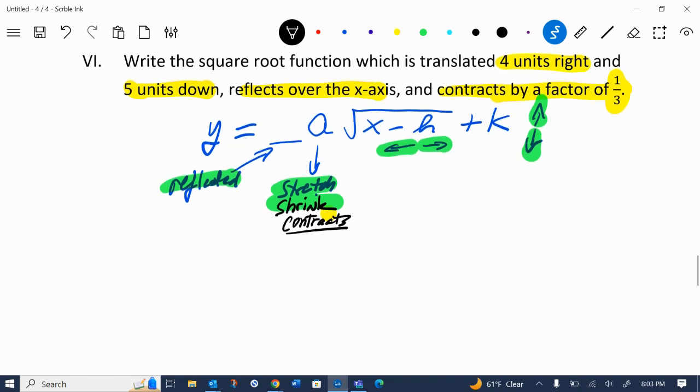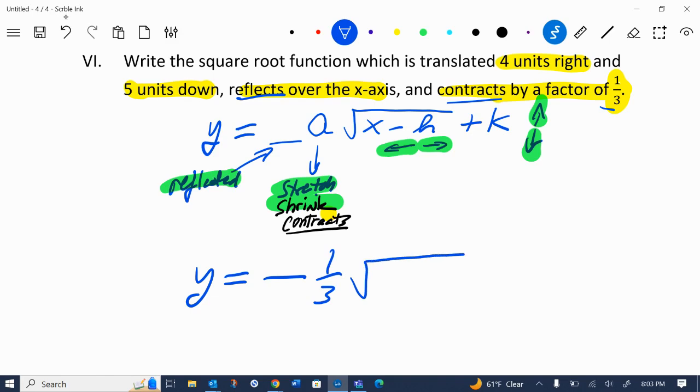Now, what we're going to do is put all those into this. So we're going to say y is equal to, it does have a reflection, so we'll put the minus. It does have a shrink or contracting, or making it smaller, which is 1/5, and then the square root, and then it's x. So we have to think: it's going 4 units to the right, so that means it's a negative. If it was going the other way, it'd be plus.